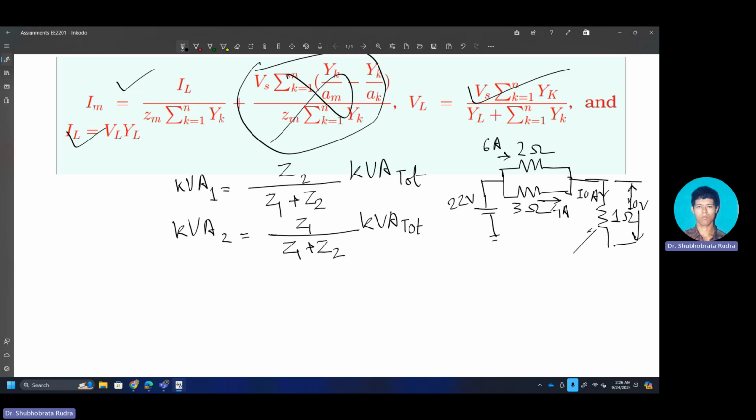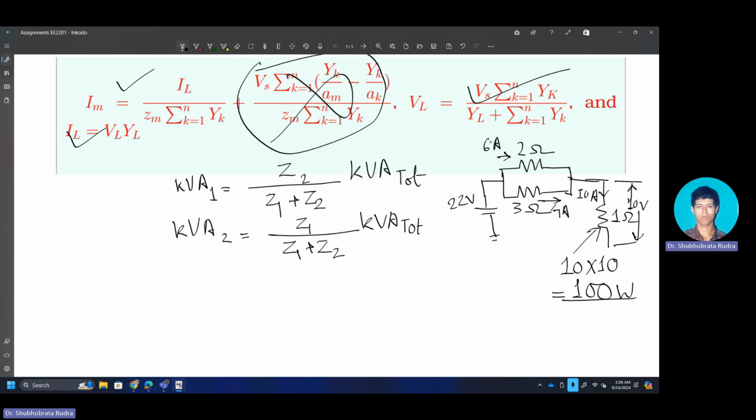So the transfer is 10 volt into 10 ampere. That means it is 100. Here it is watt, since it is DC, but you can think about it in analogous AC as kVA or VA. So 100 watt.